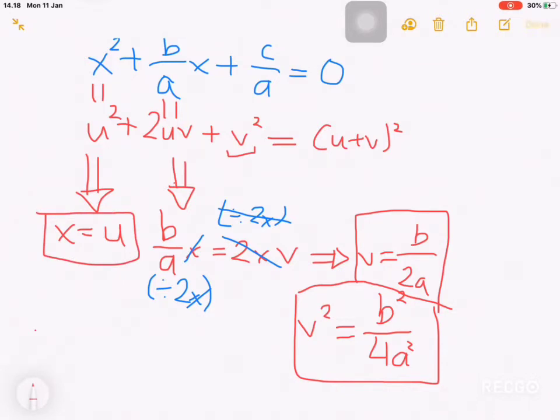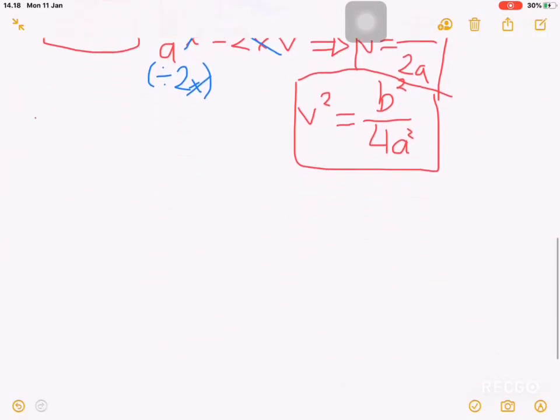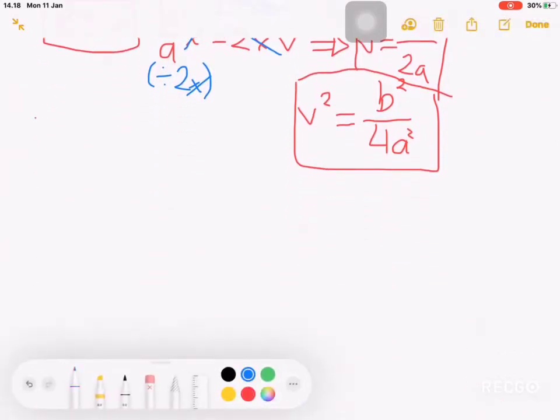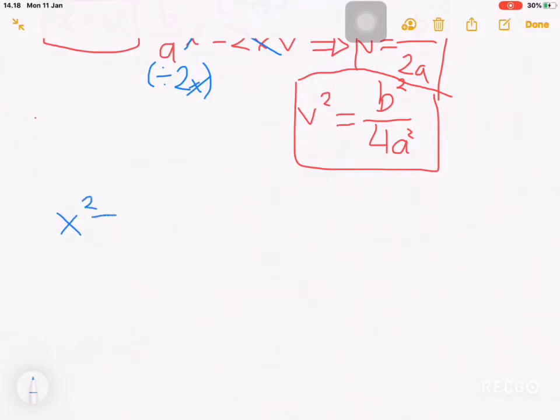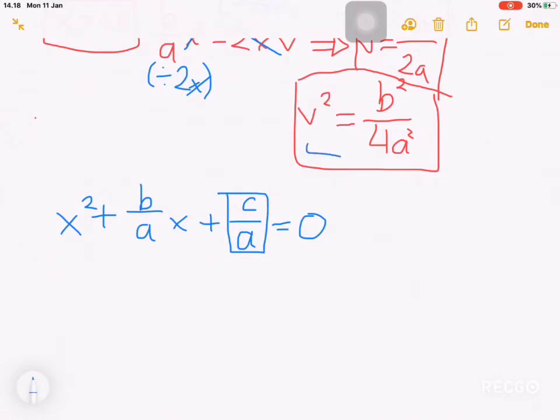Alright, now let's just rewrite the equation right here so it won't get messy. c over a is equal to 0. And we need to find a number that when added to this term right here, c over a, will give us our v squared term, which is b squared over 4a squared.